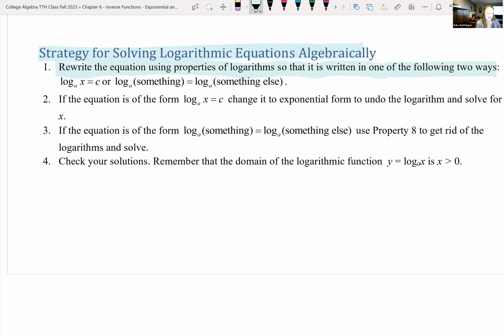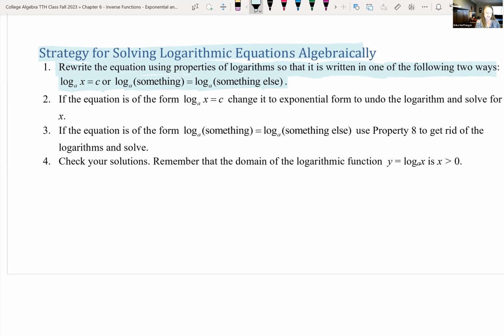So if we can get it where we have a single log equals a constant, so log base a of x equals c, or we can write it as log base a of something equals log base a of something else, then we could use that property where we could just drop our logs and set our arguments equal to each other.